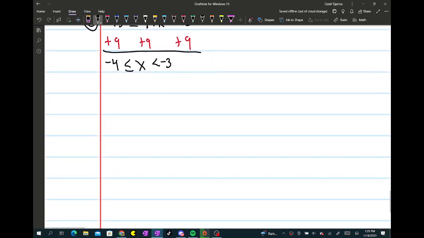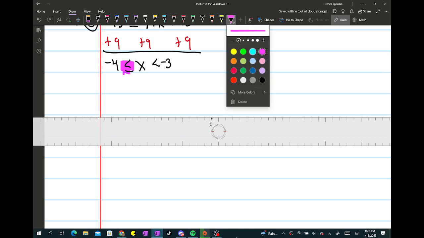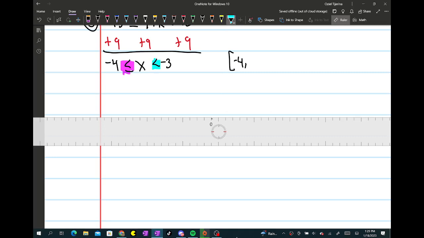Since there's a less than or equal to, it'd be from bracket -4 comma, and then there's a less than, so it'd be comma -3 and then close parentheses.